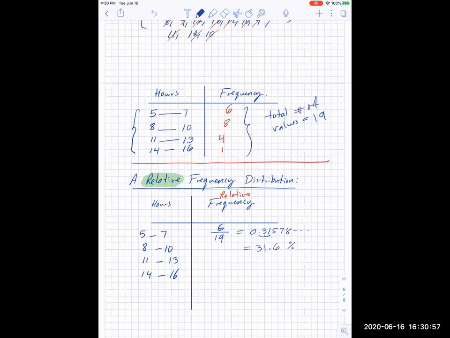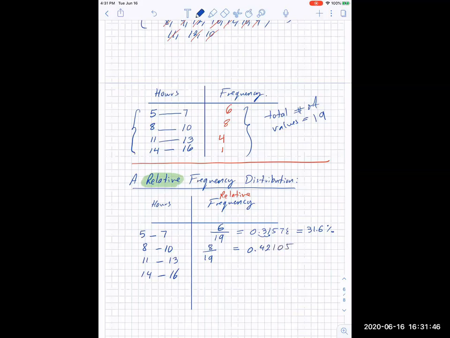The next class has 8 values out of 19. 8 out of 19 is 0.42105, and so on.